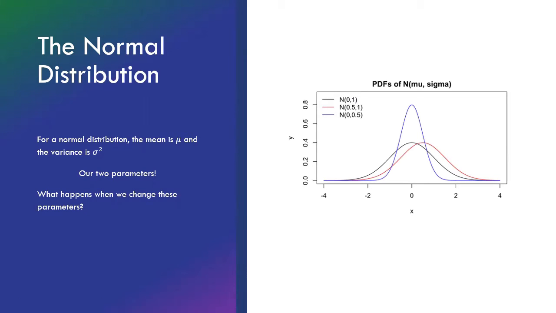A larger standard deviation means more variability, so it's more spread out. And this red line shows a different mean value, where the mean is 0.5. If you look at the center of this curve, that's 0.5. So this just shows what the curve looks like for different parameter sets.